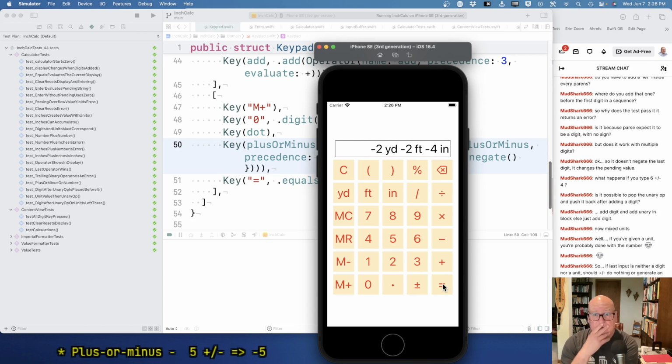Yeah. Okay, I'm happy there. All right, let's clear. If I just do plus or minus equals, no value found. Good. Okay. Last input is neither a digit nor a unit. So 8 plus or minus. Oh, we treat it as an operator.